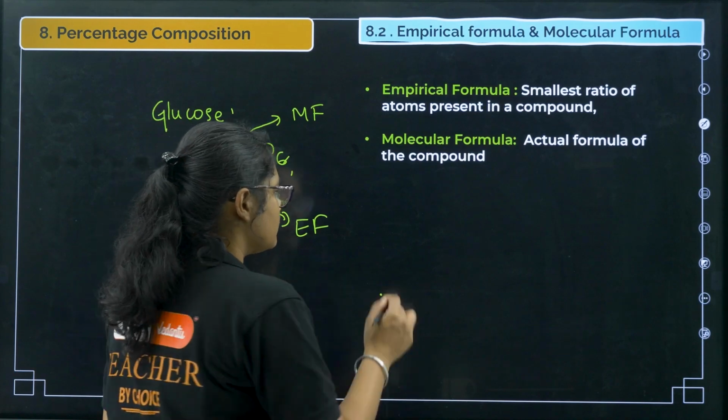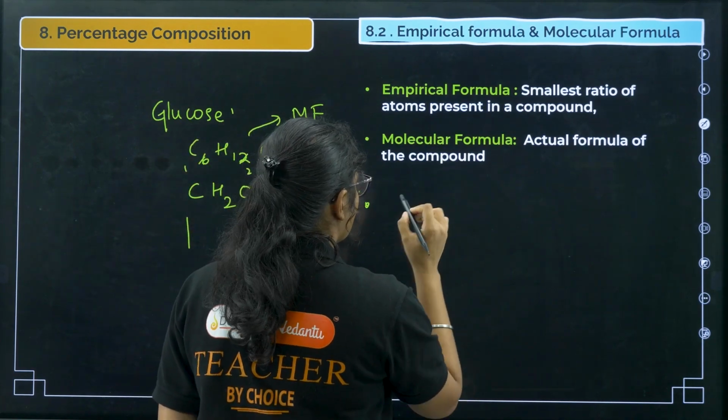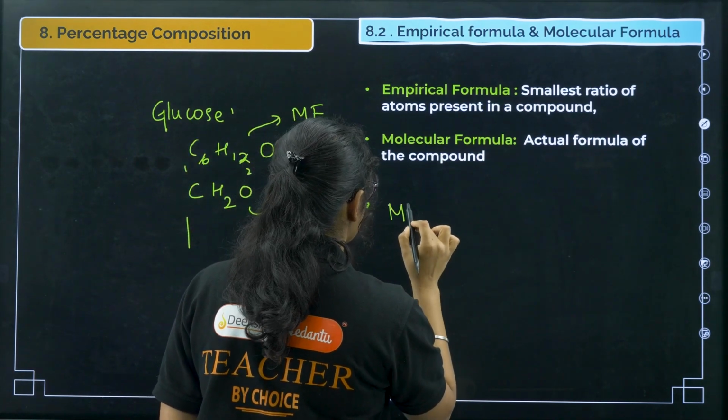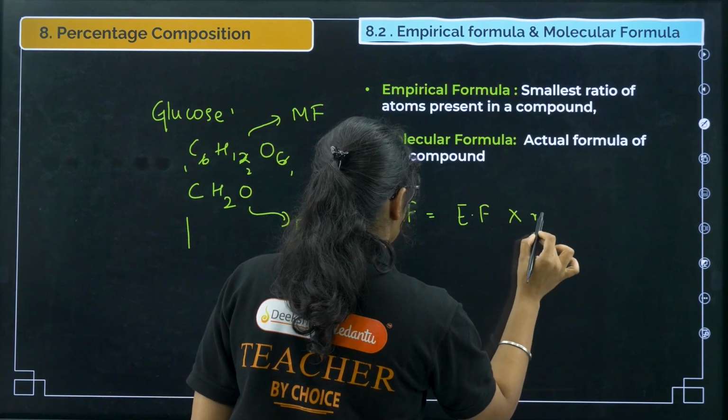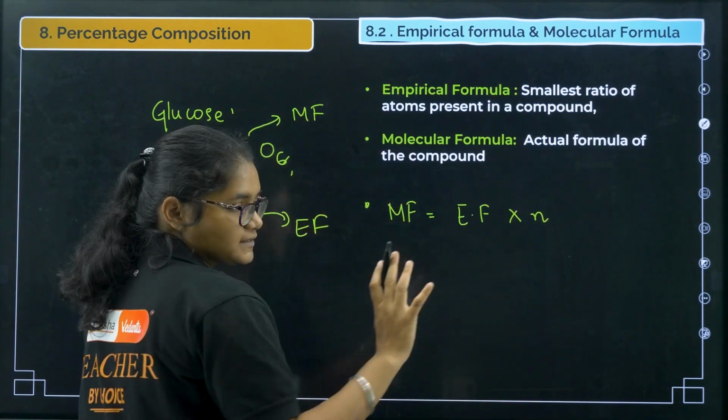Okay, and here I want to tell you a formula, that is molecular formula is equal to empirical formula into N. Okay, now what is this N?